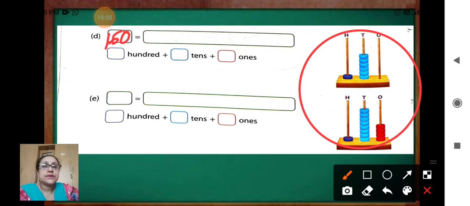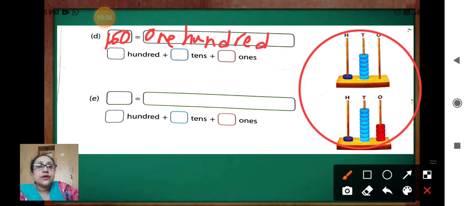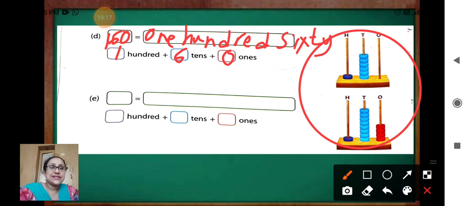And then in the hundreds place 1. 160. So write the number name 160. Okay. 100 plus 6 tens plus 0 ones.